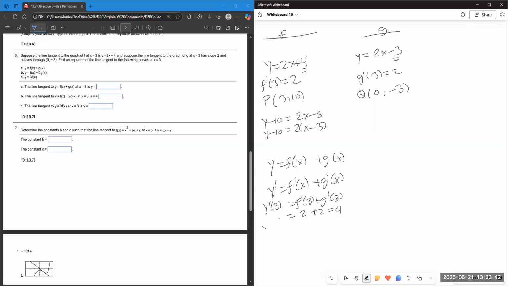So to get my y-intercept of my new tangent, I should be able to take 4 plus -3, which is 1. I should be able to add the functions together like that. And I should be able to get a tangent line of 4x plus 1.